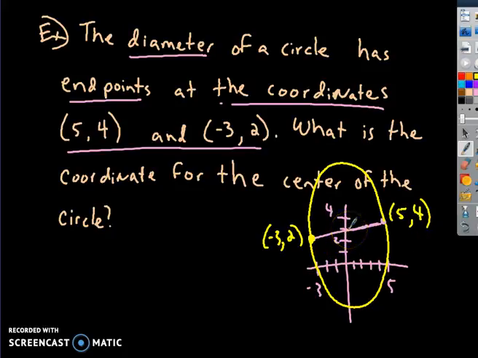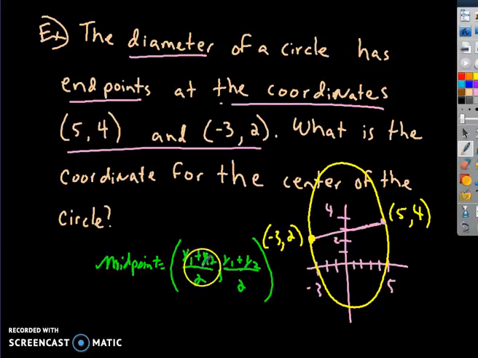I don't really know exactly where it is, but I know it's somewhere around there because it looks like the center. We can find it exactly though using the midpoint formula. The midpoint formula says this: add the x's and divide by 2, add the y's and divide by 2, and that gives you the coordinate. So let's name these x1, y1, x2, y2.